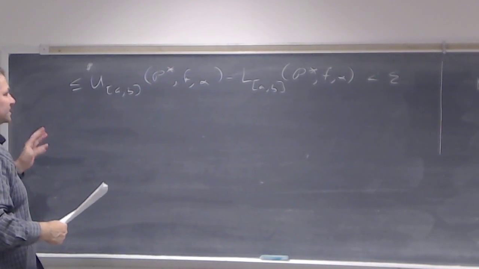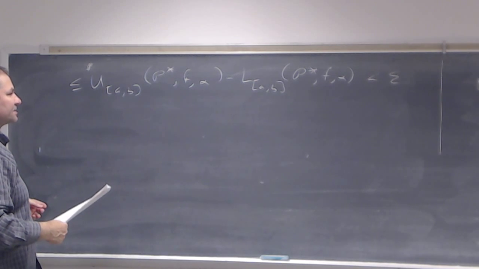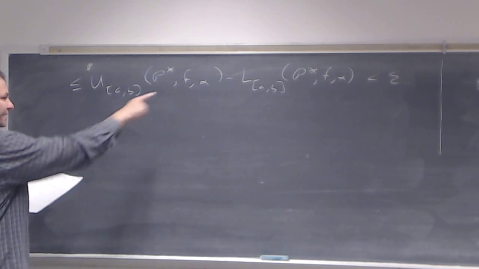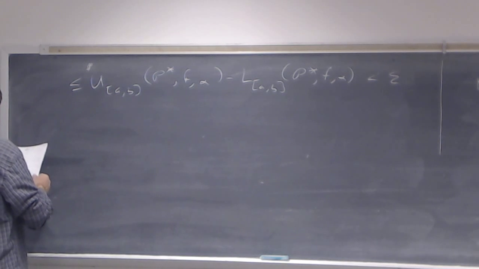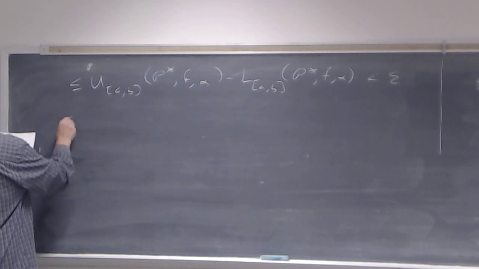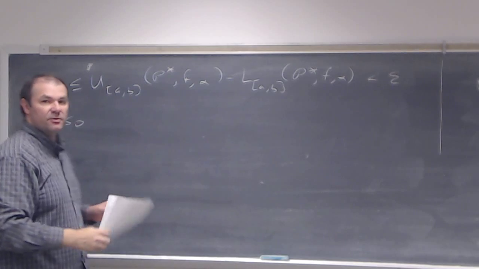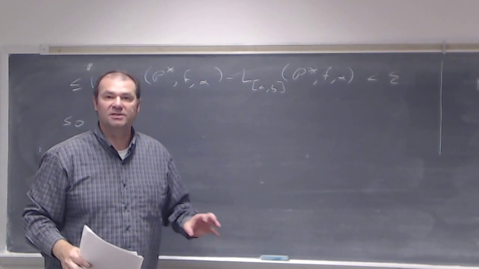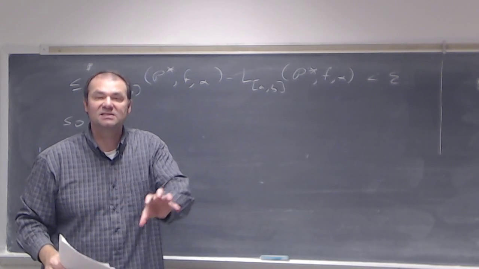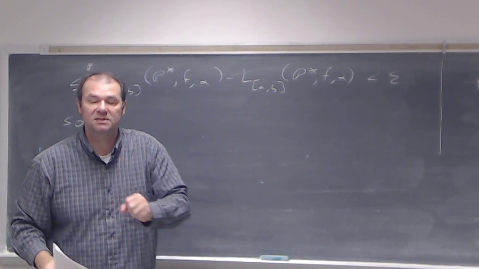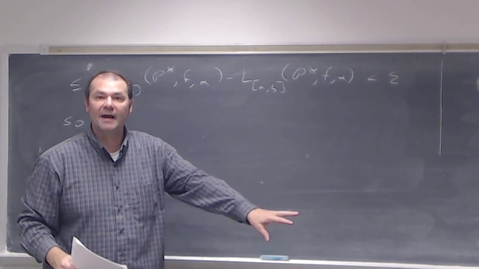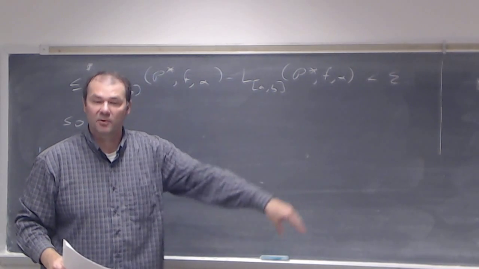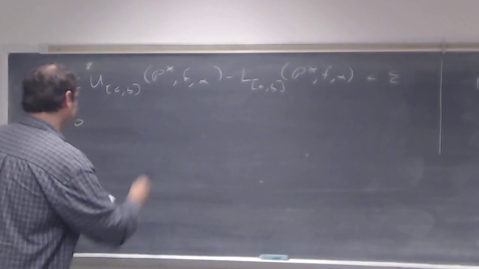P star, essentially it's P, but we added something to it to C. So it still has that property, it's less than epsilon. And so, what that says, in considering the first part of that inequality that I've written, we come up with this partition on A to C. We call it P star sub AC, such that the upper sum of that partition minus the lower sum of that partition is less than epsilon.